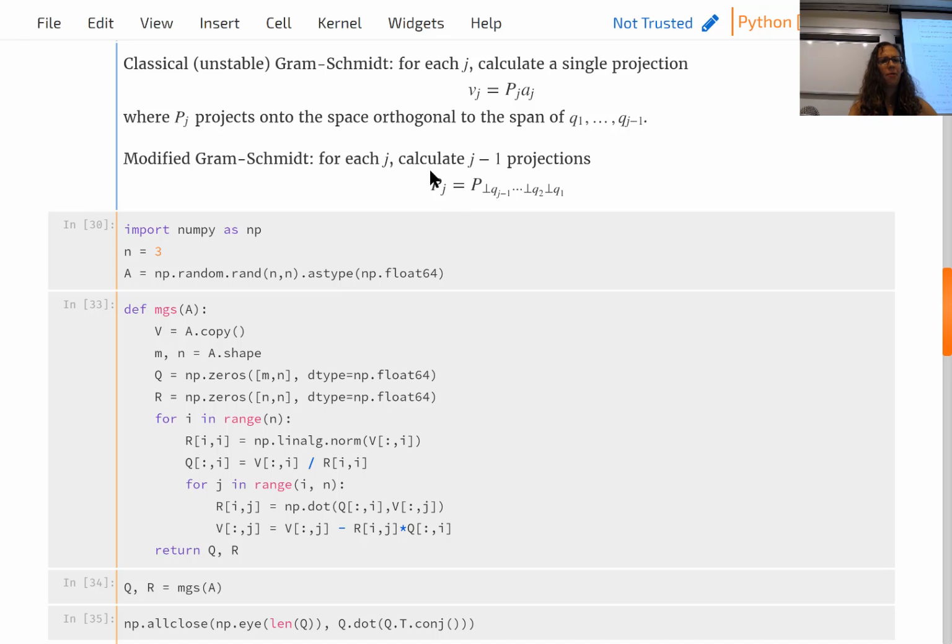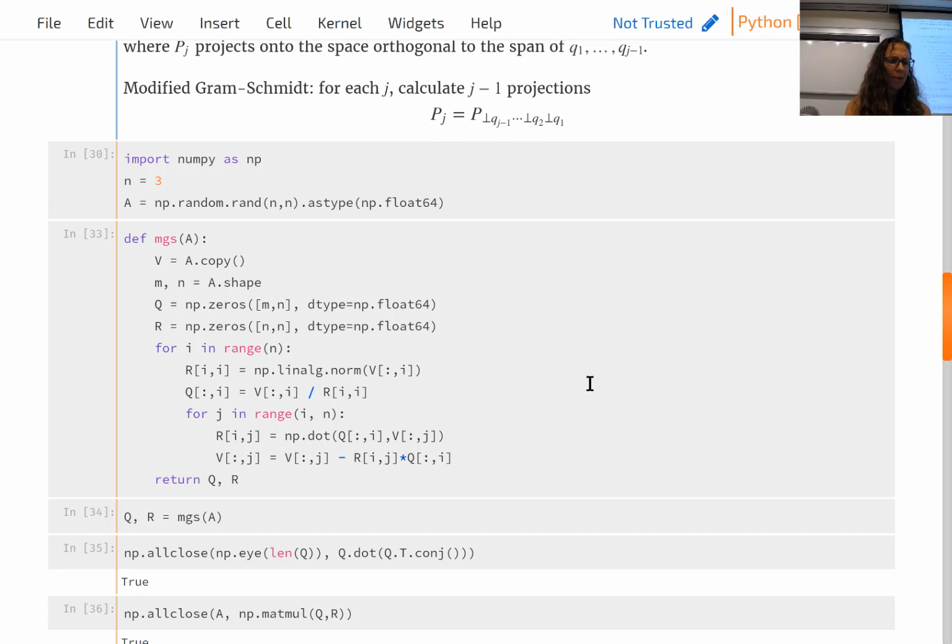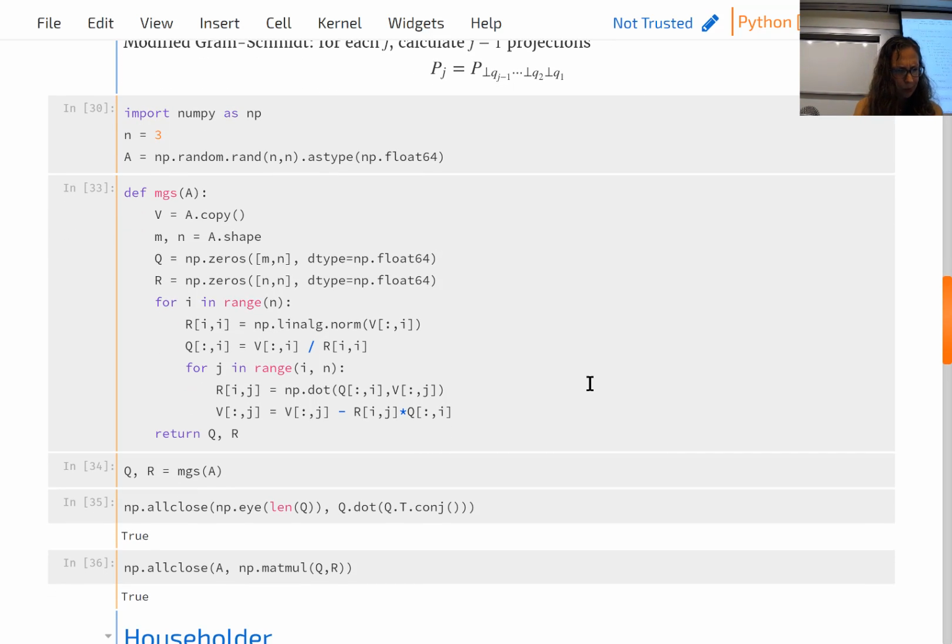For each j, we're getting the part that's perpendicular to Q1 and to Q2. Let me think about this some more, and I'll email you about this.